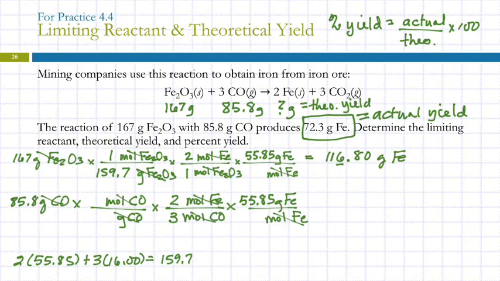And then I need the molar mass of carbon monoxide, so 12.01 plus 16. I think that's 38.01. Now it's 28, right? Help me out here. 28? Yeah, so, go ahead and use your calculator for things like that.